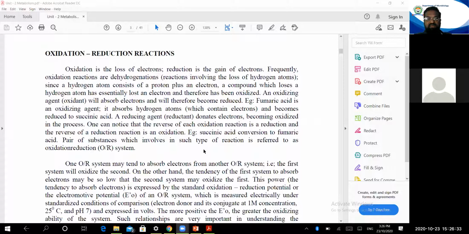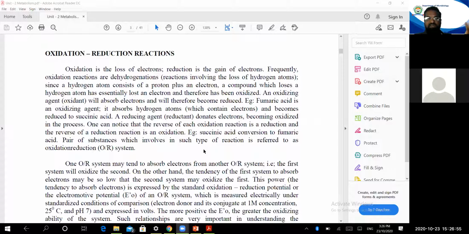Suppose there is a substrate molecule, when it undergoes oxidation, it loses its electrons. These electrons must be shifted somewhere else.